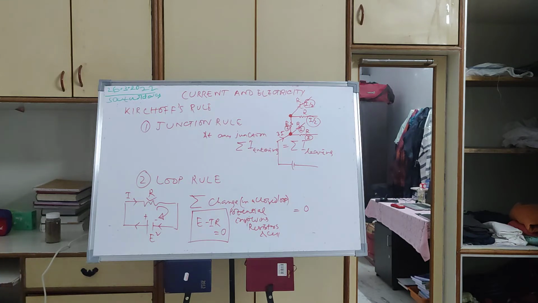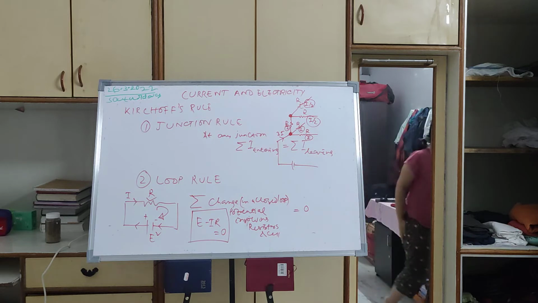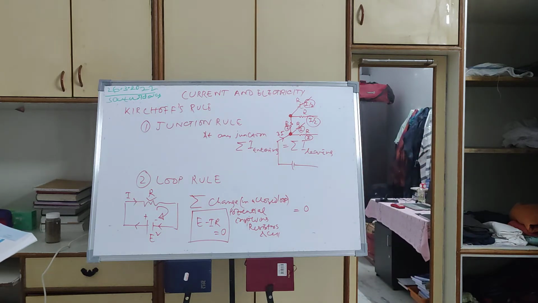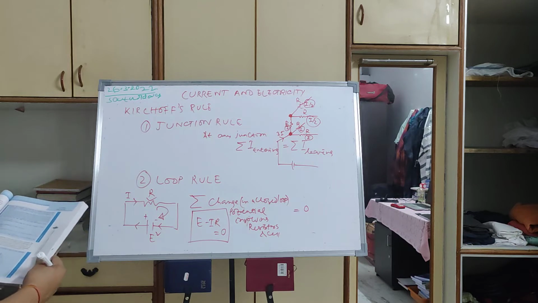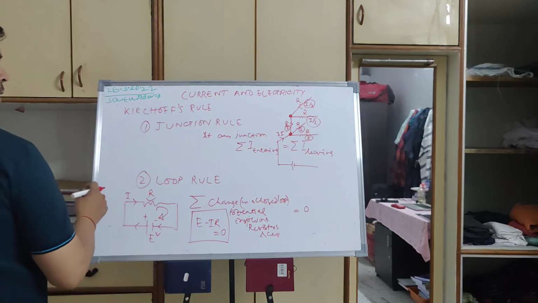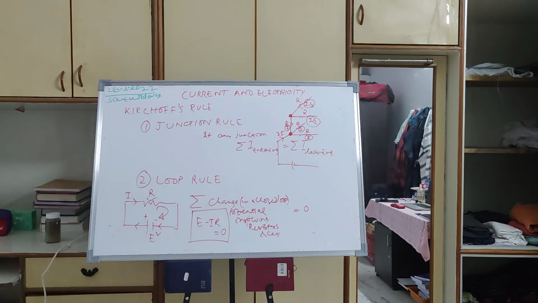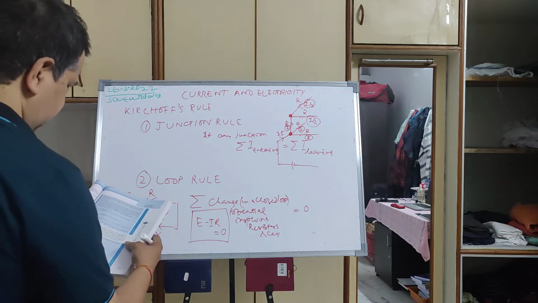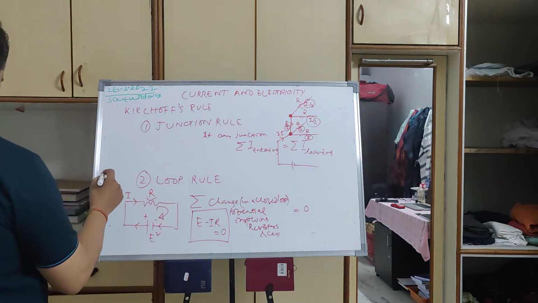So these are the two Kirchhoff's rules. Loop by loop we can go, even with any complicated circuit.